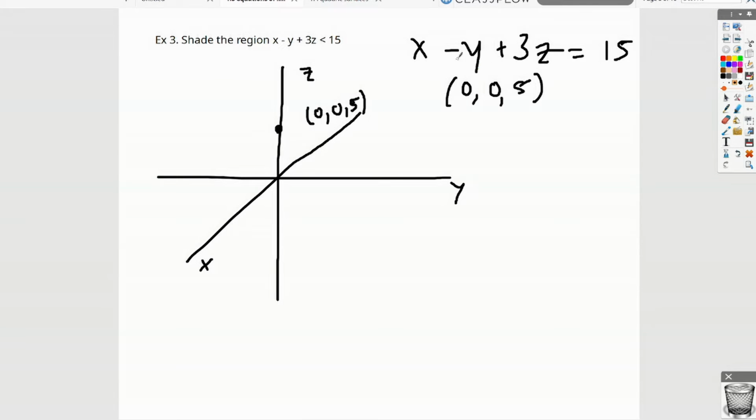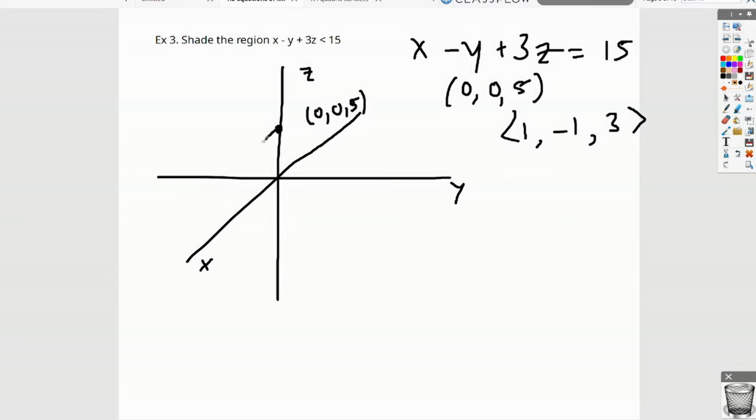Now, this is a little bit hard for me because I'm using a mouse. But what's the normal vector? The normal vector is 1, negative 1, and 3. Now how do I draw that?